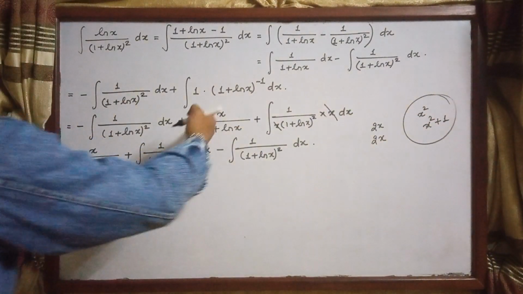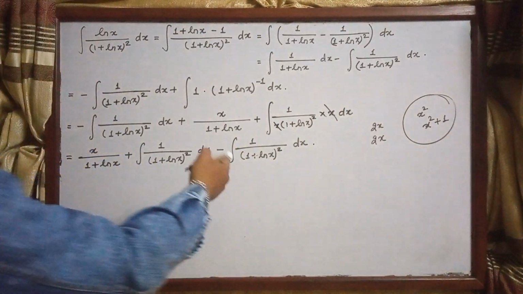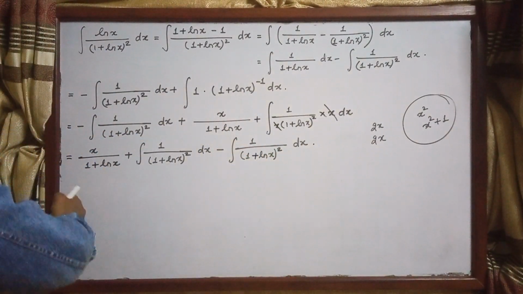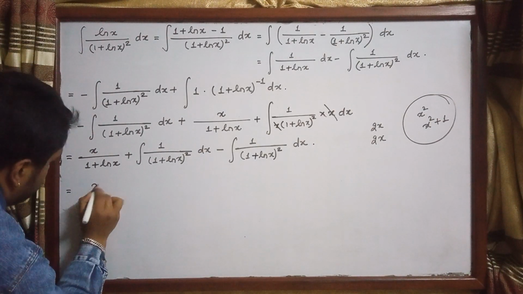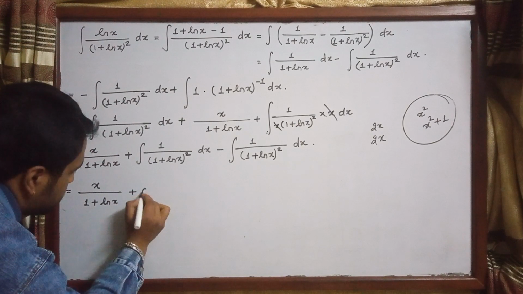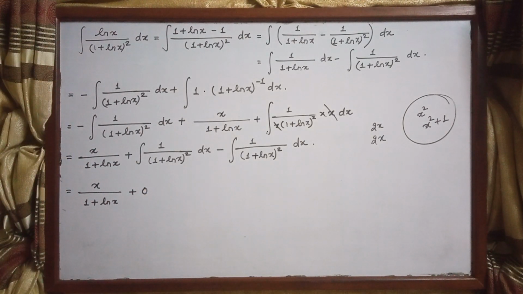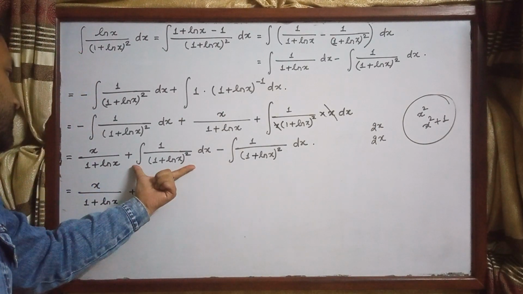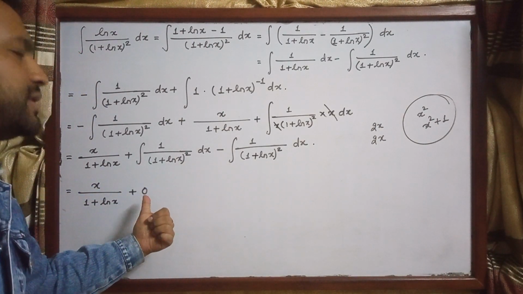So we cannot cancel these two expressions out and say that the required answer is log x plus 0. No. These two may not cancel out to give the result 0.